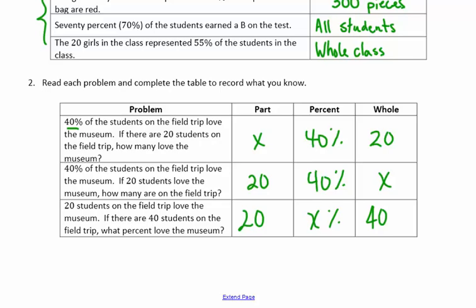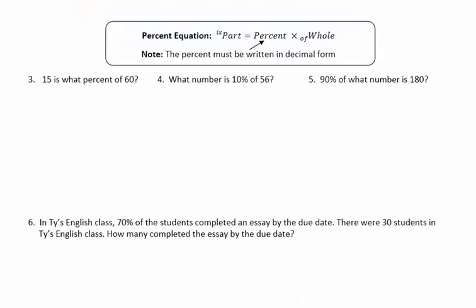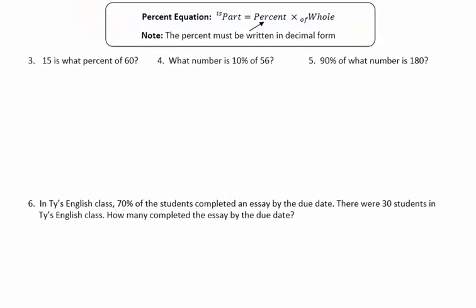Once we can discern between those things, then we can set up what is called the percent equation, which is on the next page. The part that you're talking about depends upon the percent of the whole. So the part equals the percent, which is written in decimal form. So if we're given it as a percent, we get rid of the percent symbol, move the decimal 2 places to the left, times the whole. So in question number 3, 15 is what percent of 60?